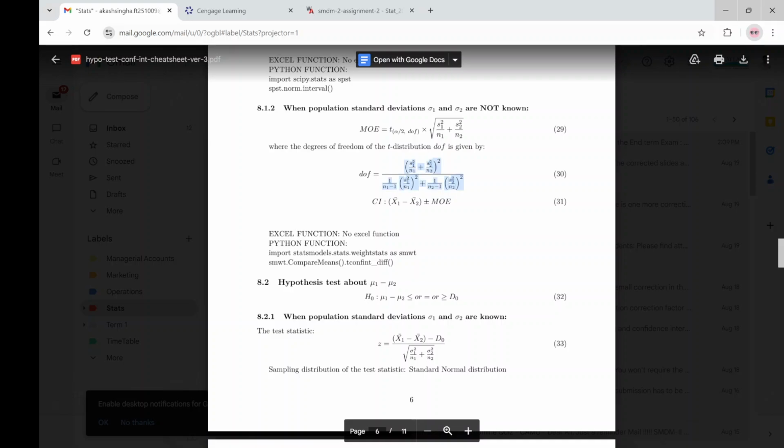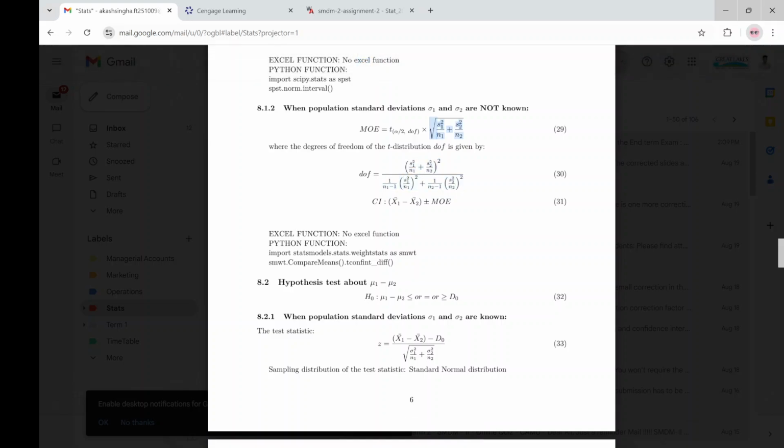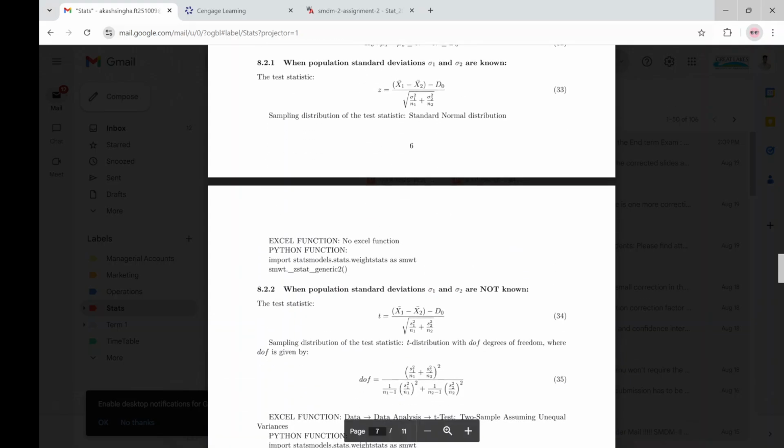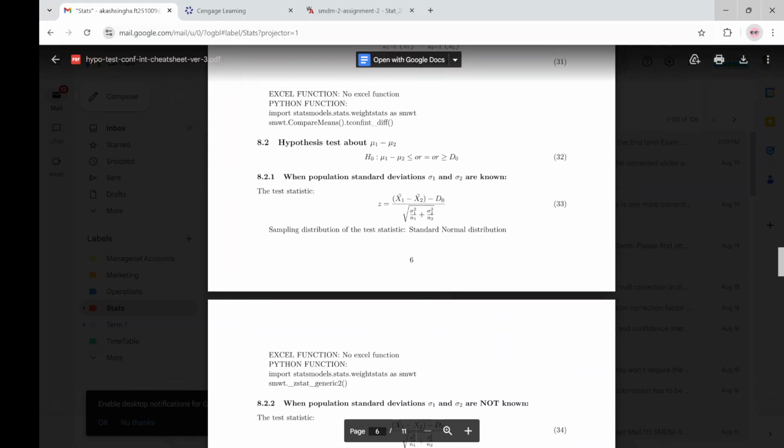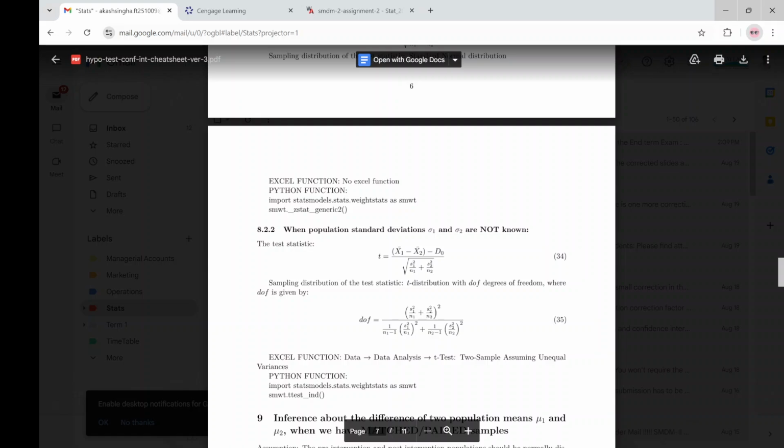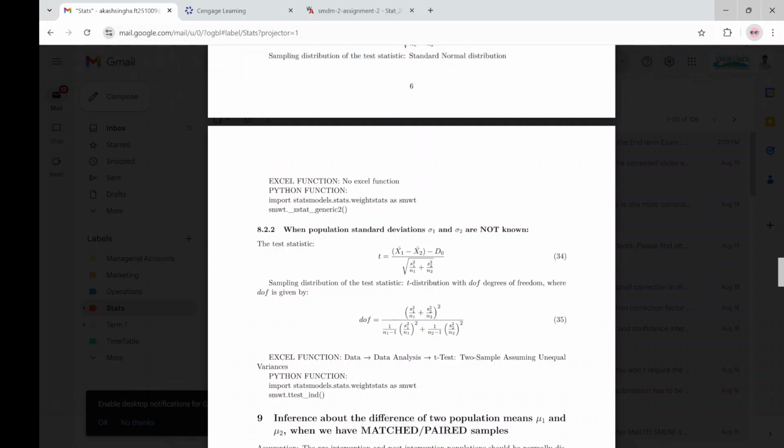We have to put the values in, which I don't want to. It's going to take time. Let's do this then, I guess.